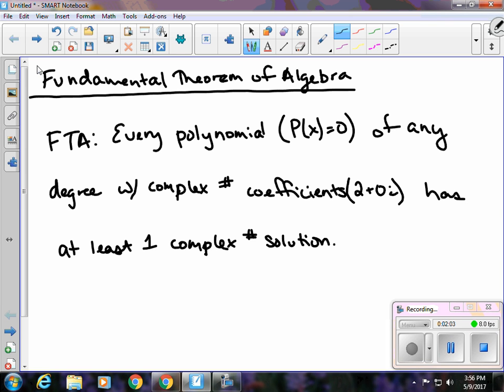Now, like I said, some of those answers may be real and some of them may be imaginary. Okay, so by the number of roots of a polynomial equation theorem, every polynomial equation of degree n has exactly n roots.